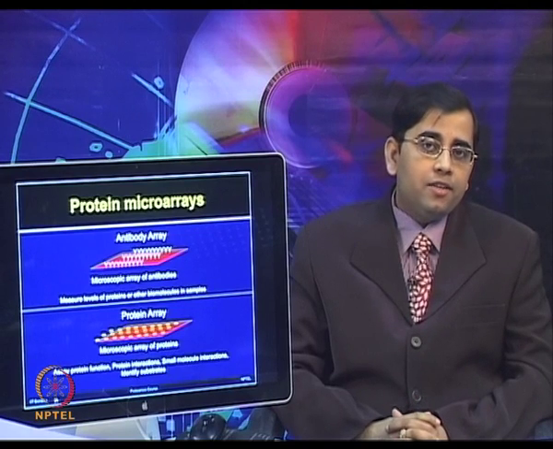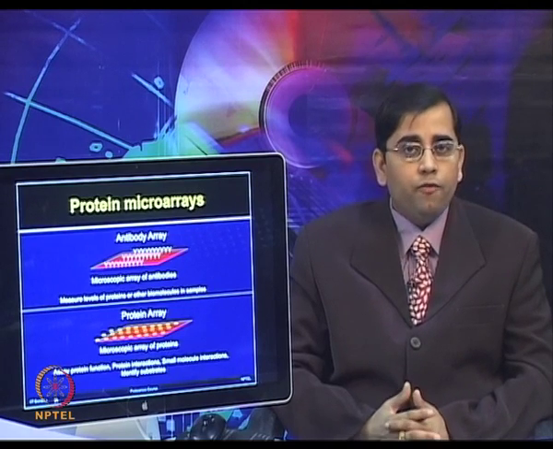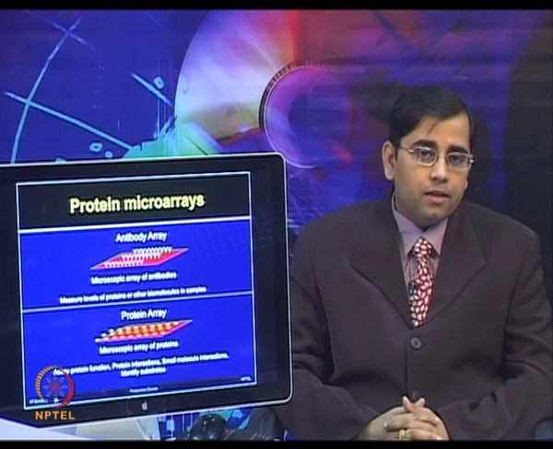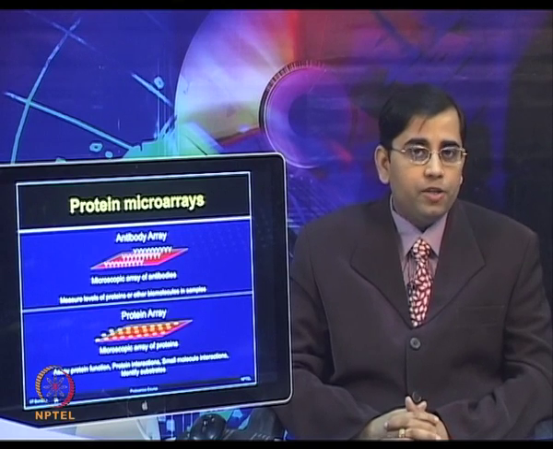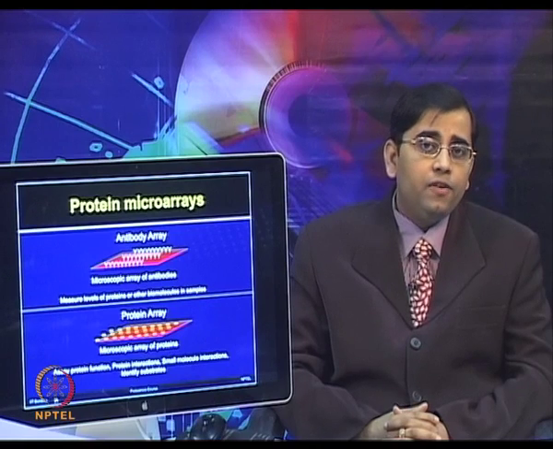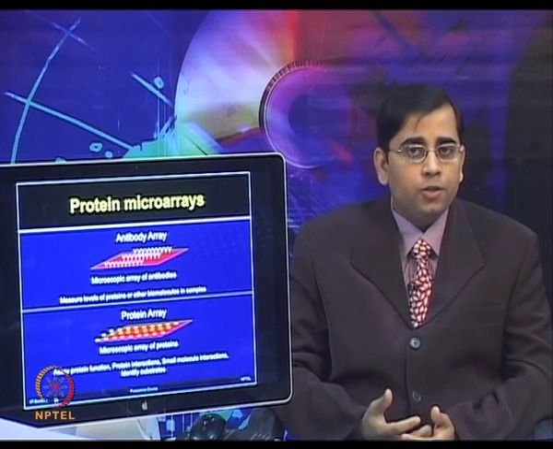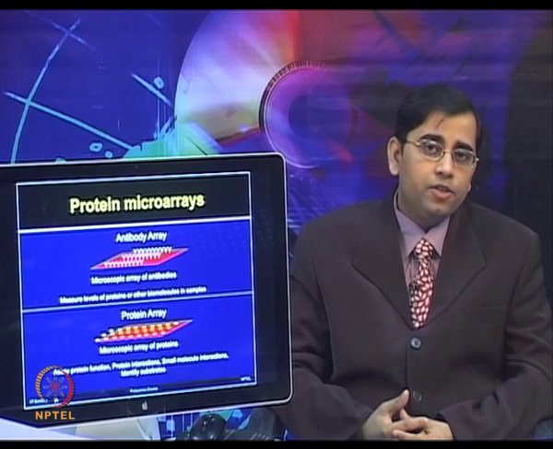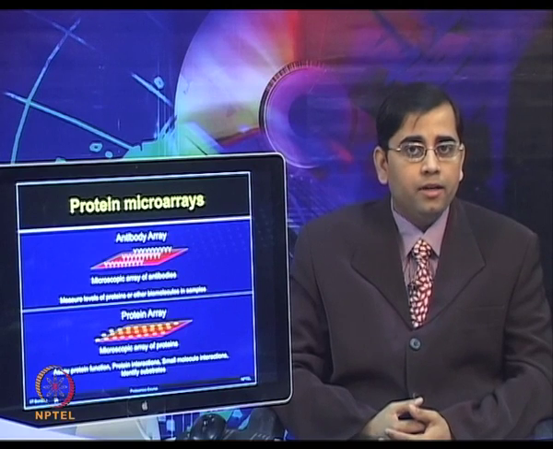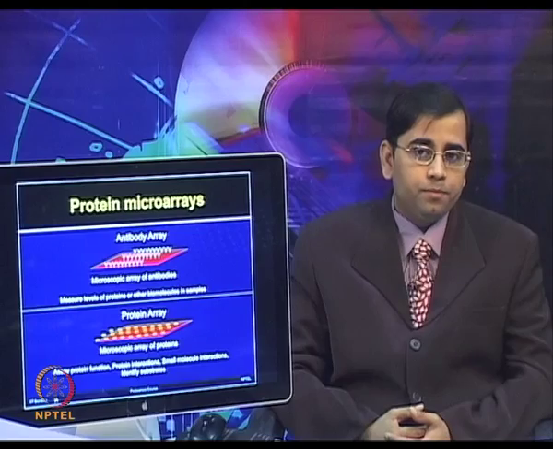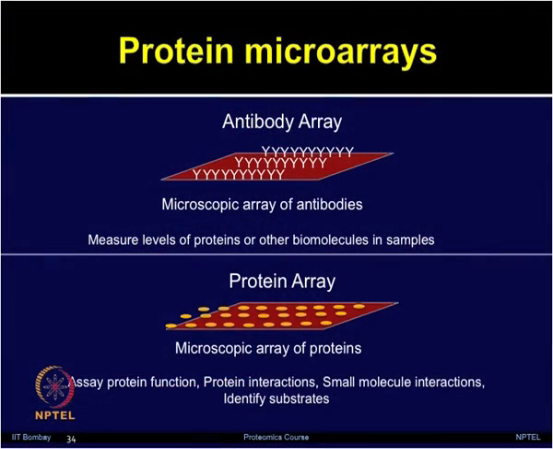The goal of these test protein arrays is to perform functional studies, so that different biological questions related to protein activity and function can be studied using these test protein arrays. These have been used for assaying protein function, protein interactions, studying small molecule interactions as well as identification of substrates.